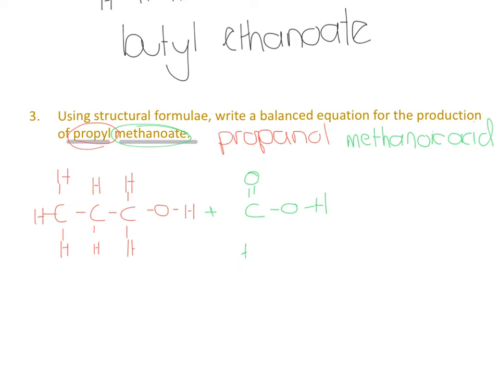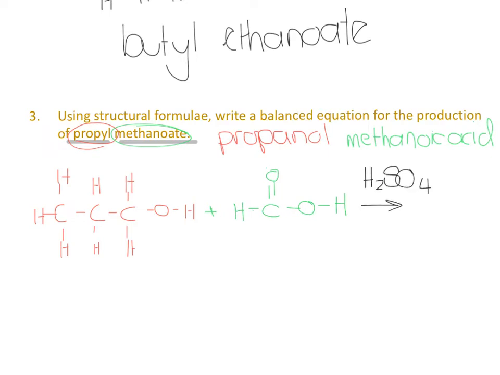Even though we don't need to have it bent, it still needs to have some sort of structure. So really, the methanoic acid should be drawn like that. Let's make sure we do it correctly. Then we have to have our H2SO4 because that's our catalyst.